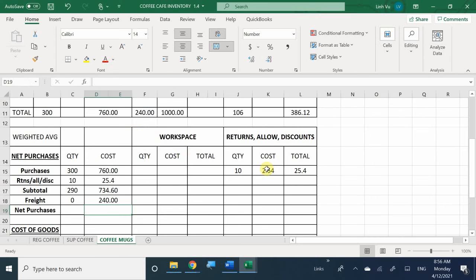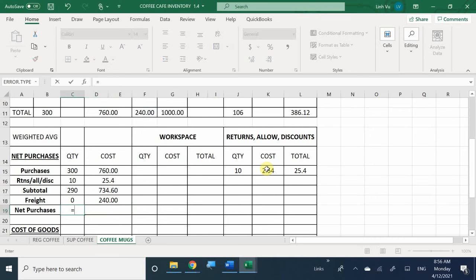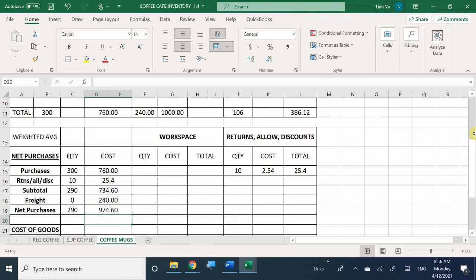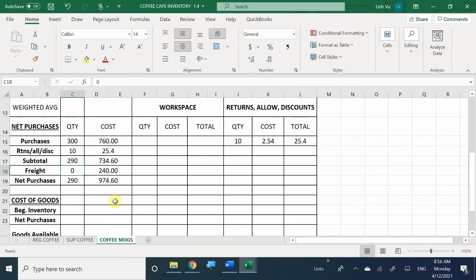So I'm going to add my 240. So at the end of the day, what should be my total net purchases for my total cost of net purchases? 974.60. Good. Okay. So now we have that there. Now, did I have beginning inventory?